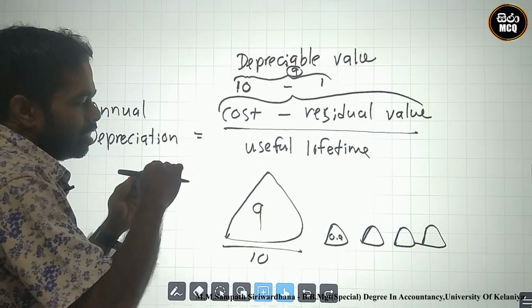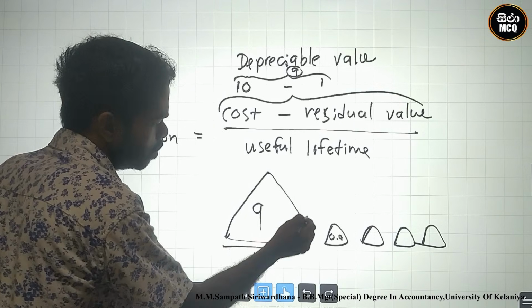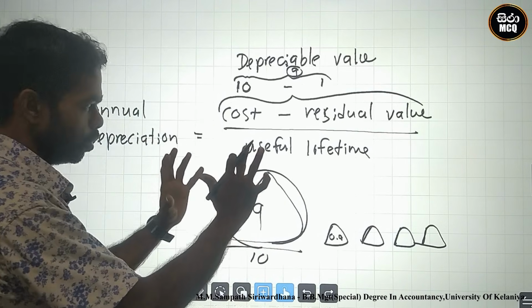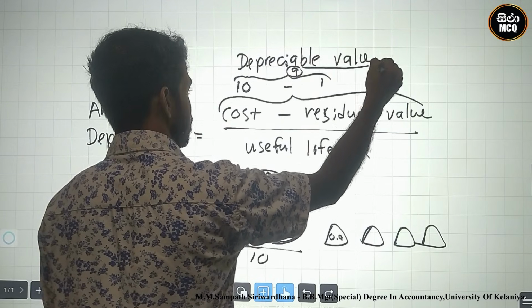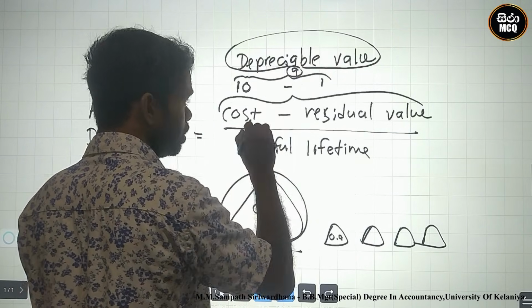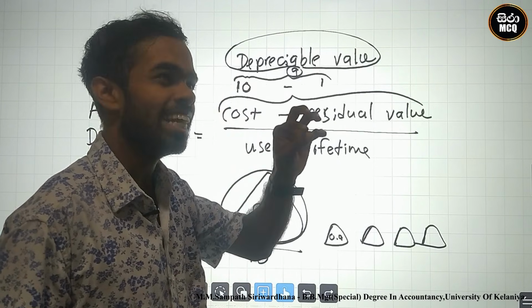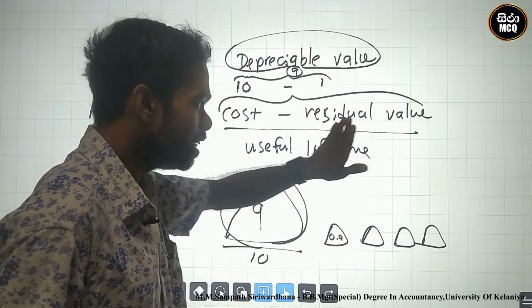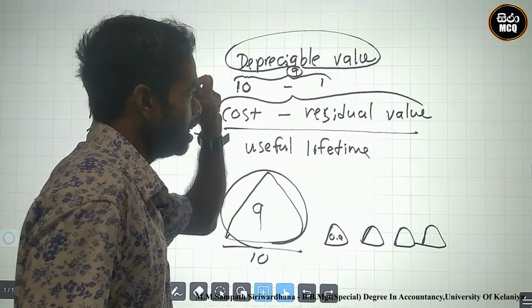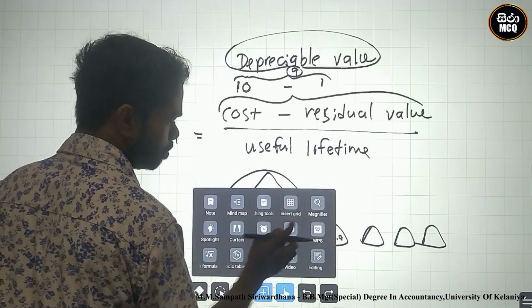What is the amount of systematic allocation? This amount, the 9 million, is the total huge cost. This is not the cost but the depreciable value. We cannot divide the cost. Why? Because of the residual value, we can earn something after the useful life. This is the income, this is the cost, and the net effect is the depreciable value.